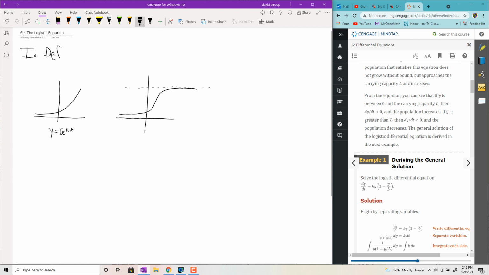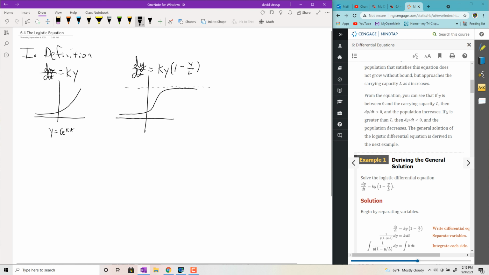So let's define this thing. Definition. The differential equation for exponential growth was that the rate of change of the population was proportional to the population. Our new definition for the logistic growth formula will be that the rate of change of the population is proportional to the population, but then times this factor, and this factor works as kind of like the limiting factor.